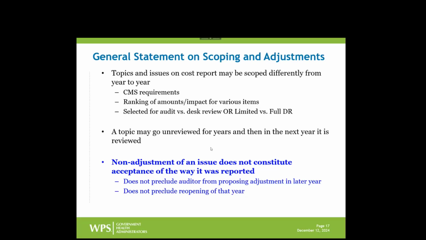But also just the overall level of review, whether it was selected for a full-blown audit or just a desk review. And even if it's a desk review, it might be what we call a limited versus a full desk review. That's certainly going to impact the scope of those items. So the point here is that a particular topic might not be reviewed for several years, and then all of a sudden, maybe in 2025, we're going to review that item.